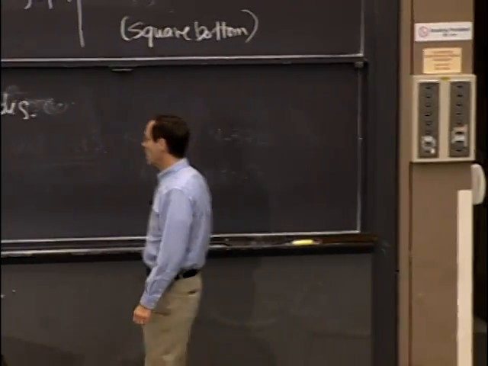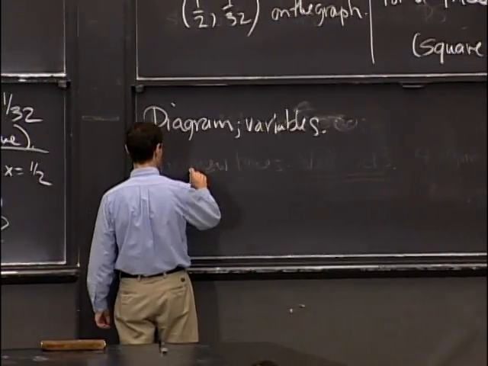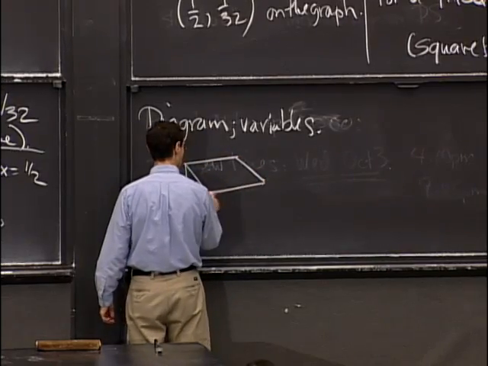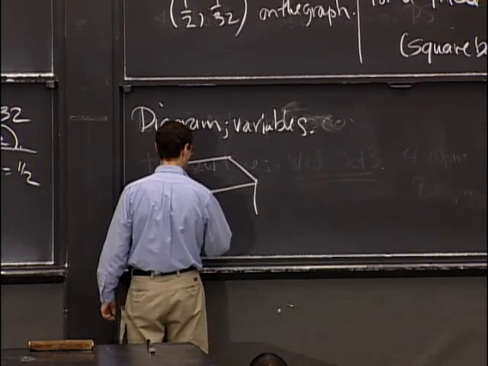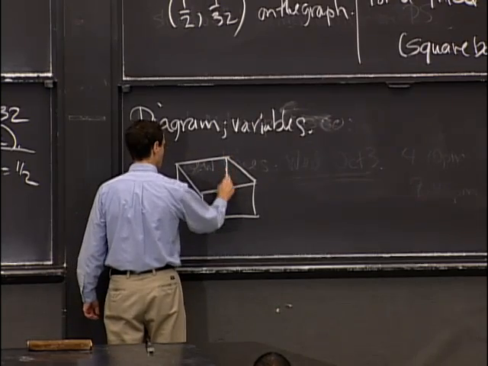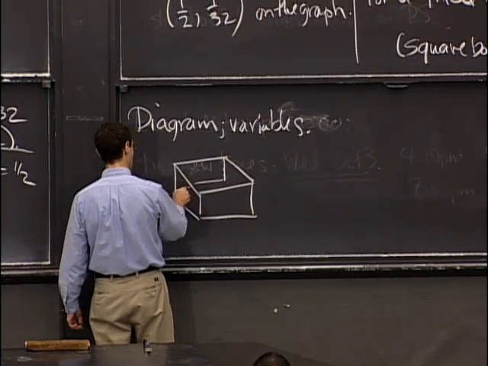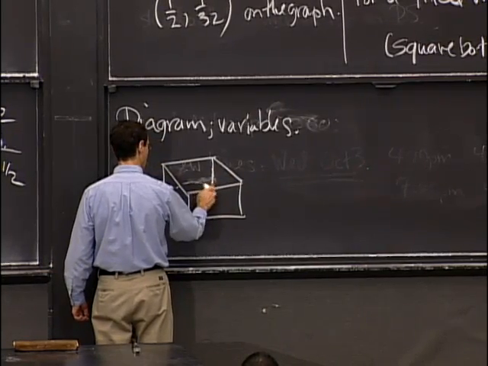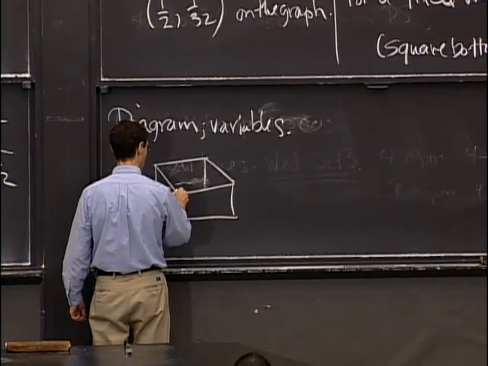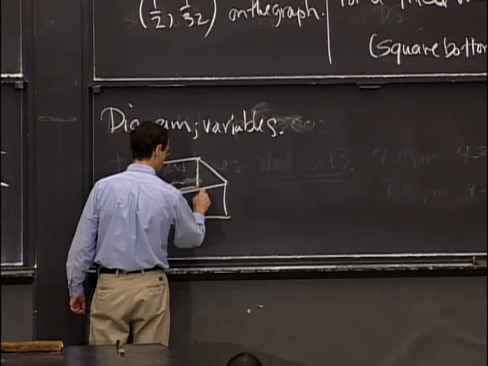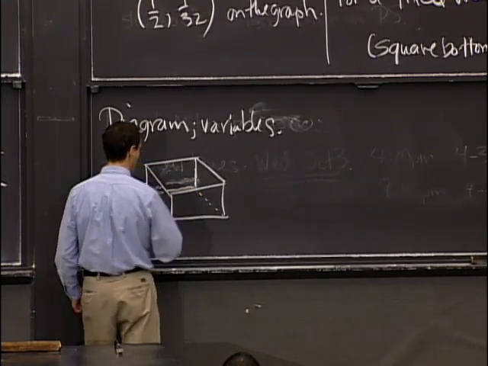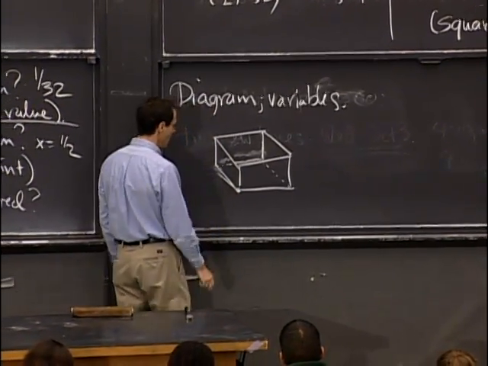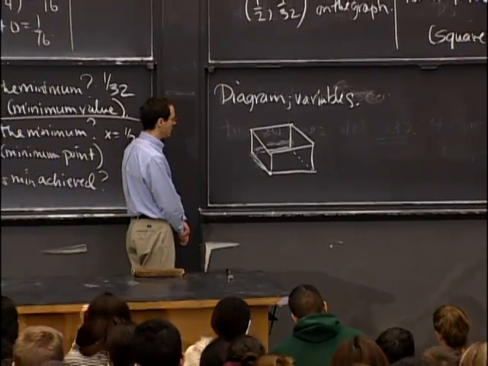So it's got a square bottom, and so let's draw a picture of it. So here's our box. All right, so now what about the dimensions of this box?